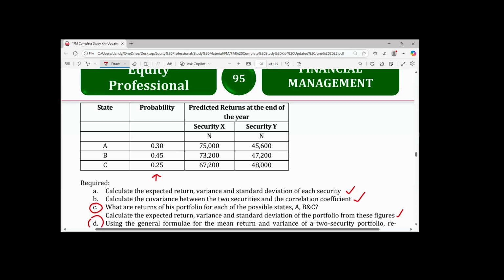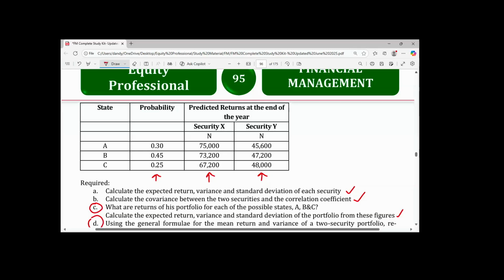Again, when you look at the return given to you, the predicted return at the end of the year, you will notice that the returns of security X and Y are given in absolute value instead of percentage. Under portfolio, your return must be given to you in percentage, but because we are given in naira, you need to convert it to percentage using a specific formula.